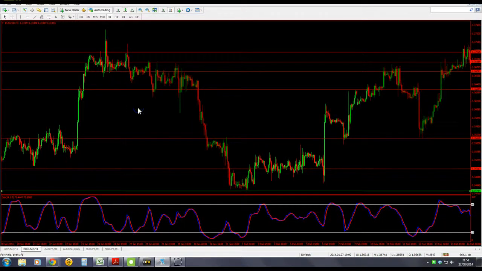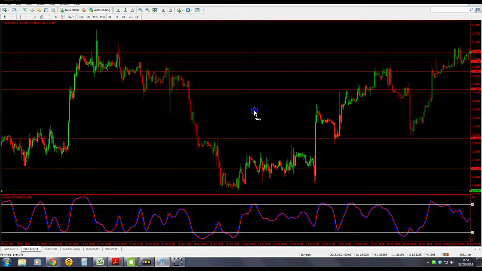Support and resistance levels are more dominant than the Fibonacci level. So if you've got a price coming down and it makes a signal at a support and resistance level just before a Fibonacci, take it, because the support is a lot more dominant than a Fibonacci support.